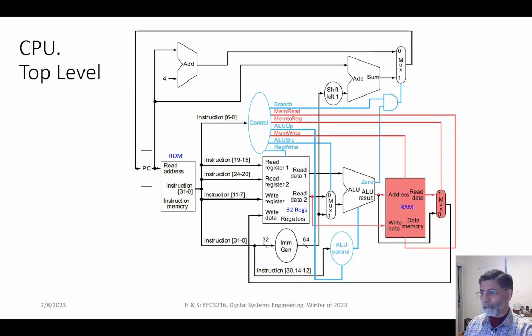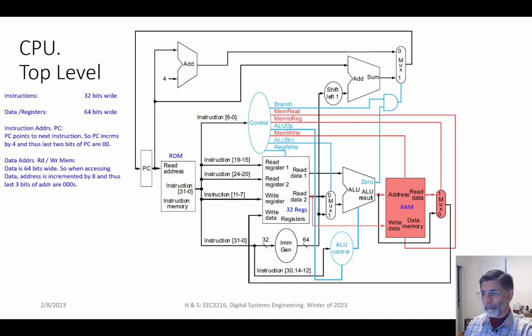A couple of things to keep in mind before I get into that. Instructions in this architecture, which is based on the RISC-V architecture you used in the first term of the course, are 32 bits wide, and the data and the data registers are both 64 bits wide. So keep that difference in mind.